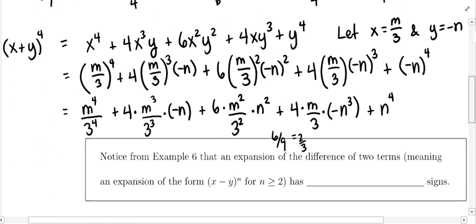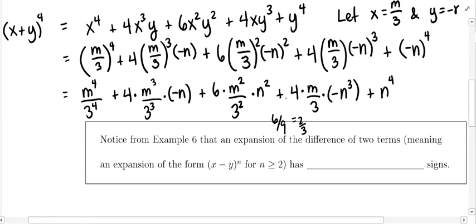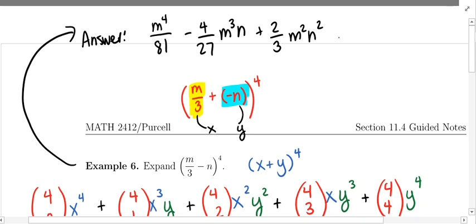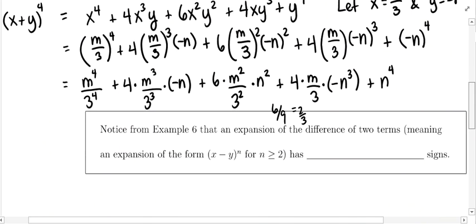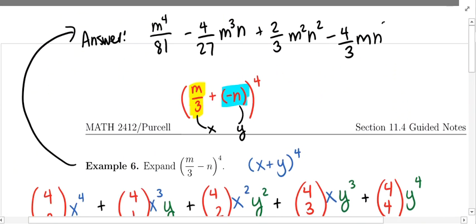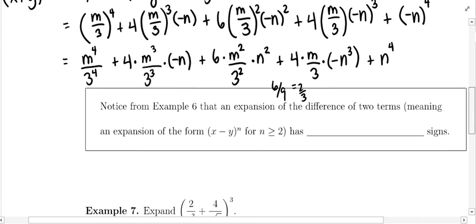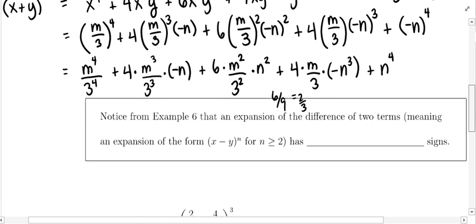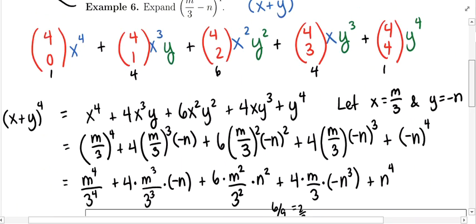Moving on, the next term you're adding, but you've got a negative, so the next term is going to be negative. The coefficient is going to be 4/3, so this is going to be minus 4/3. The power on m is 1, and the n value is cubed. And then finally we've made it to the last term, which is just plus n to the fourth.